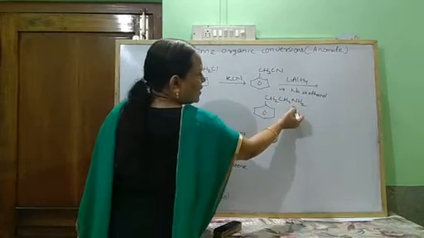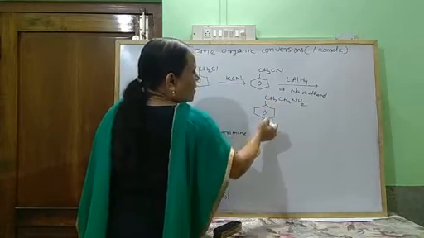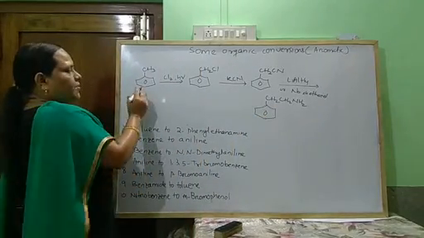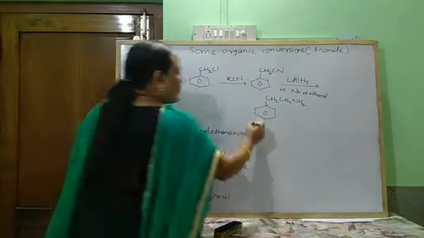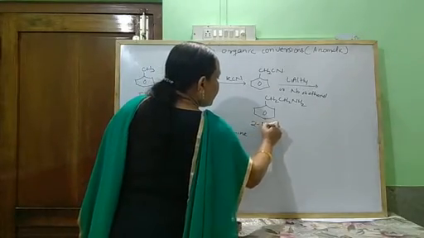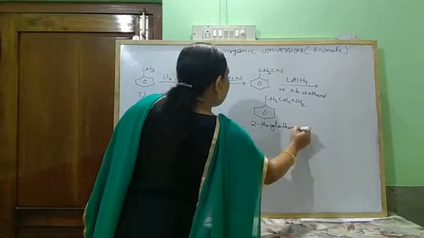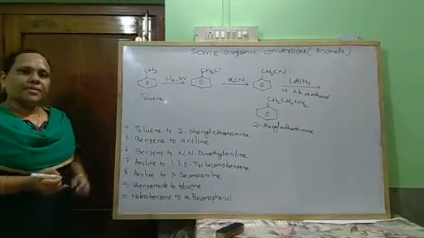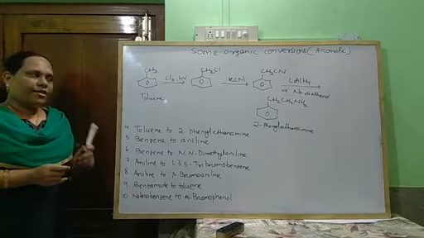This is the functional group, and at the 2 position is phenyl. This is 2-phenylethanamine. So toluene to 2-phenylethanamine.